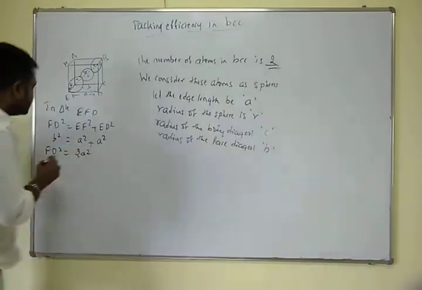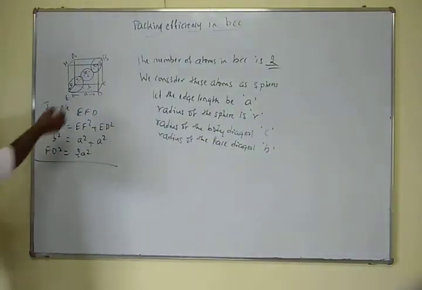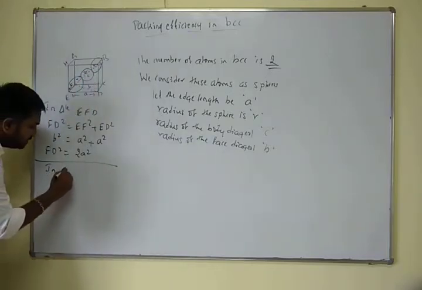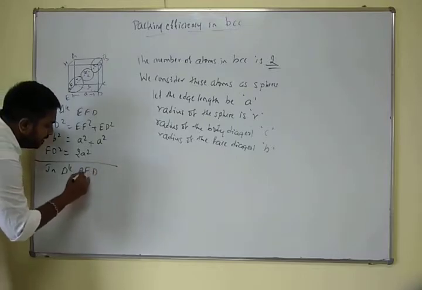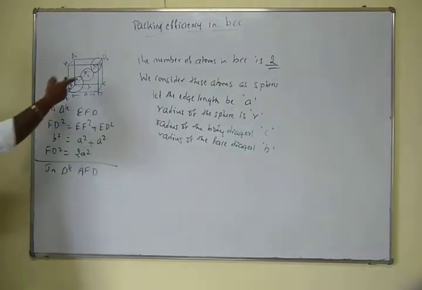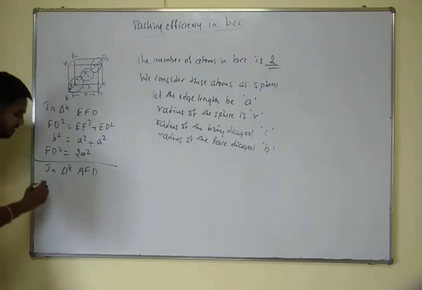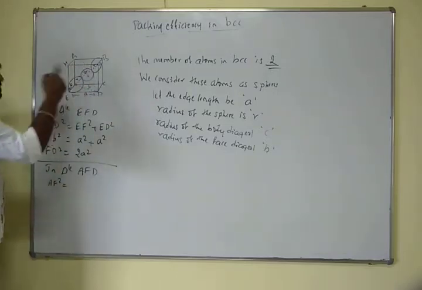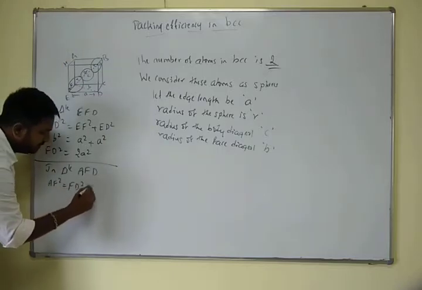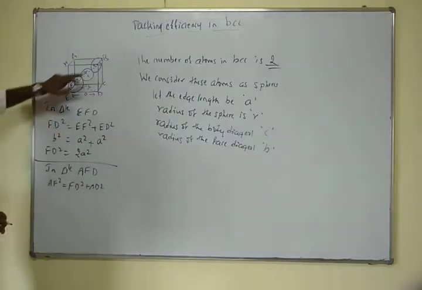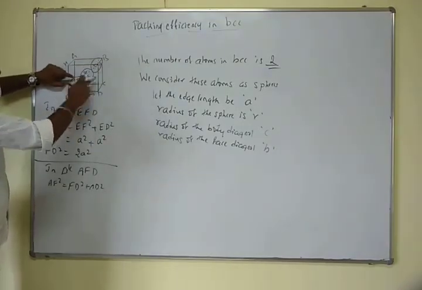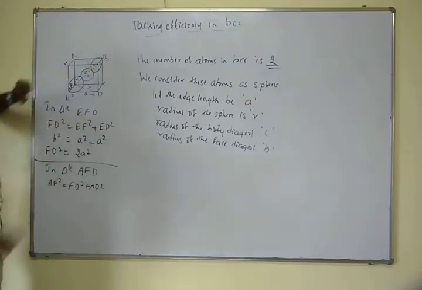Clear? Now let us focus on one more triangle. One more triangle we have along the body diagonal is AFD. Clear? So in triangle AFD, AF square equals FD square plus AD square. We need to focus on this triangle now, AFD. So AF square equals FD square plus AD square. Clear?